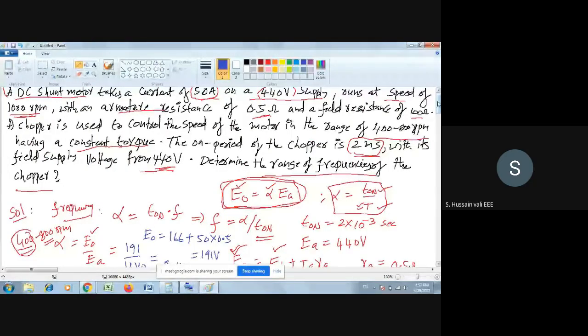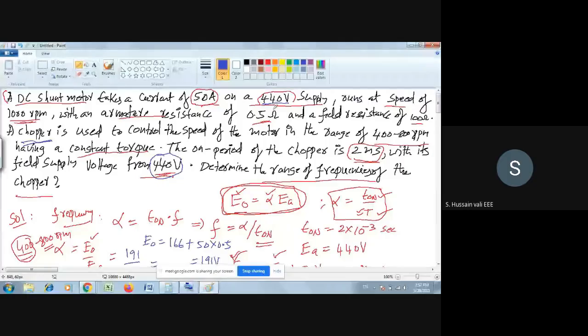The chopper input voltage is how much? 440 volts. Am I correct or not? Okay, the chopper input voltage is 440 volts, and at the same time the rated voltage of the motor, as per the data, is also 440 volts. So that is as per the data.